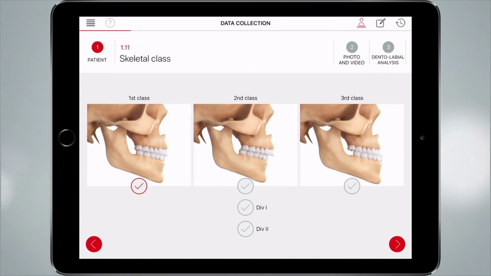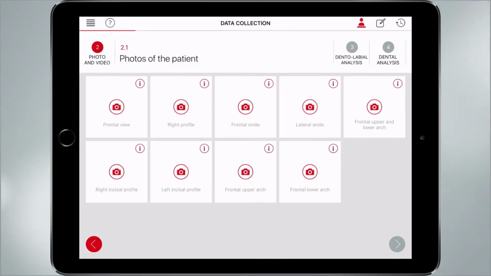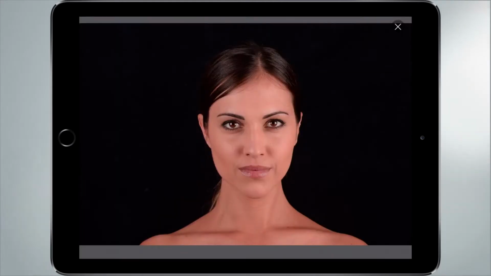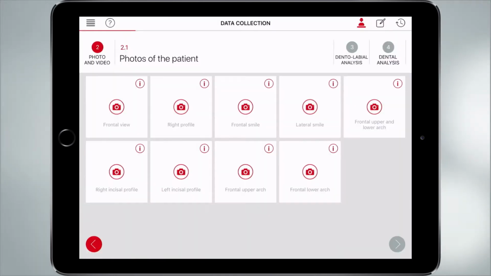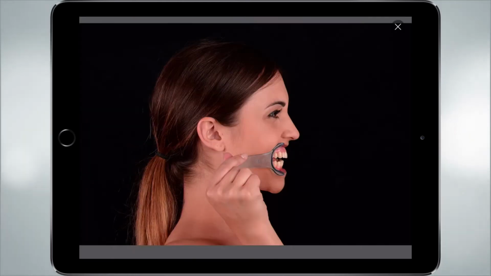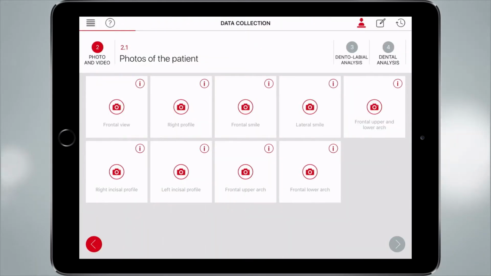Going ahead. And now we are on the picture of the patient. So now I want to explain to you that if you push I, for example in the left upper, you see what kind of picture you have to take. It means that you can now understand what is the position that you need. Let me give another example. Right inside the profile, I push I, and again, that's the profile of the patient.